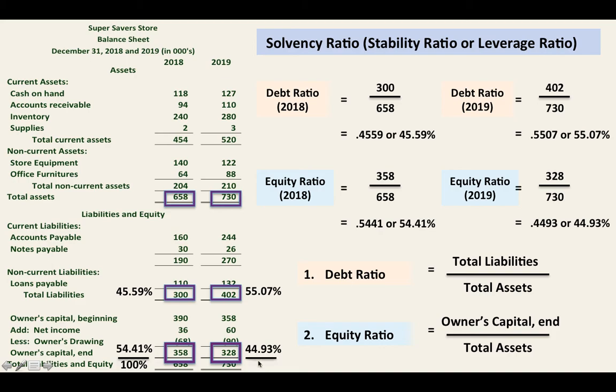So we will again have a total of 100%. So what we are trying to say here is that 55.07% of our total assets is funded by obligations or liabilities, and 44.93% of our total asset is funded by the capital, which includes the profit generated by the business, accumulated profits.